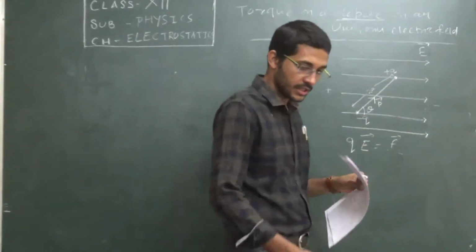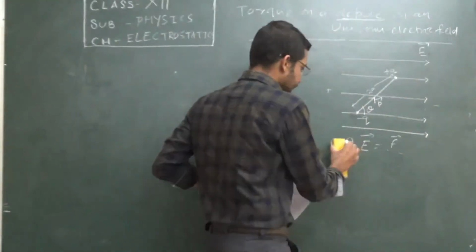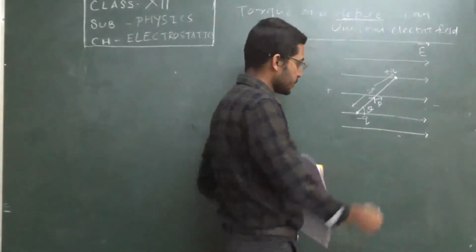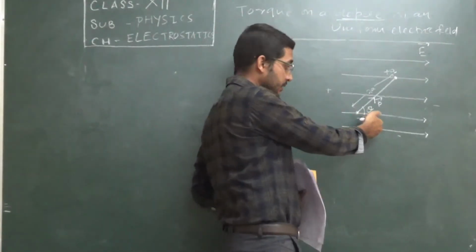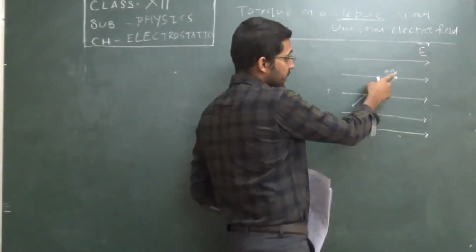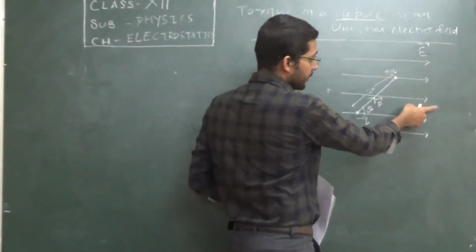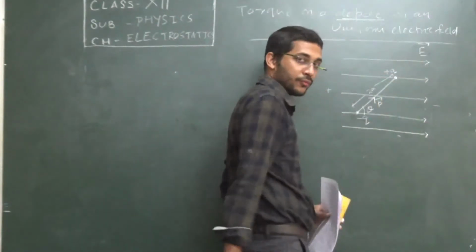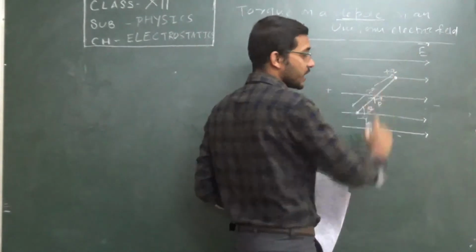But the question is, as positive charges have been placed here, they are going to attract the negative one. So the negative charges are going to get a force in this direction, opposite to the electric field, whereas the positive charges are going to have their force direction along the electric field.